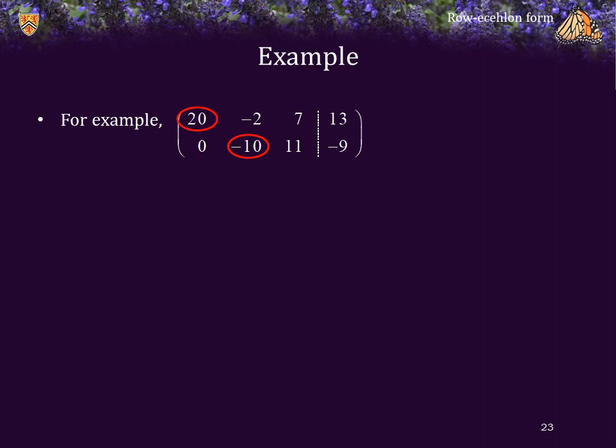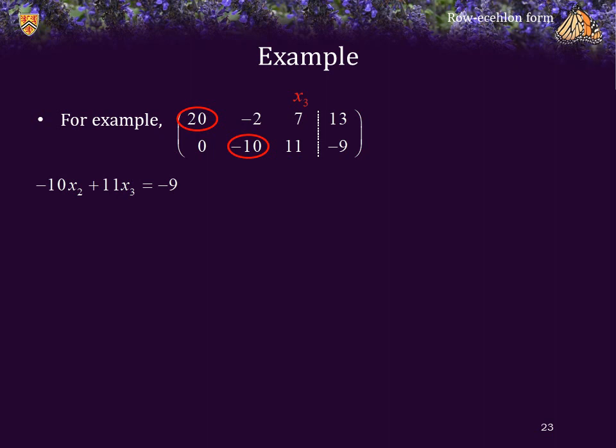However, the number of unknowns is 3. So n is equal to 3, and 3 minus the rank, or 2, is equal to 1. Therefore, there is one free variable. We will associate that free variable with the one column that does not contain a leading non-zero entry, namely the unknown x3.